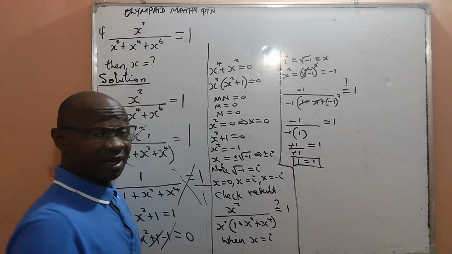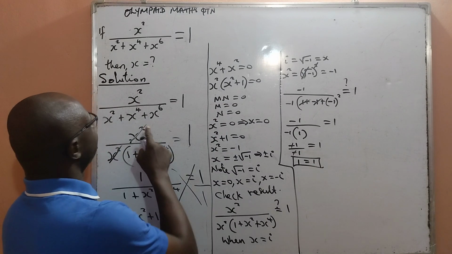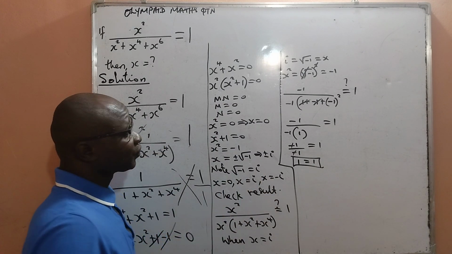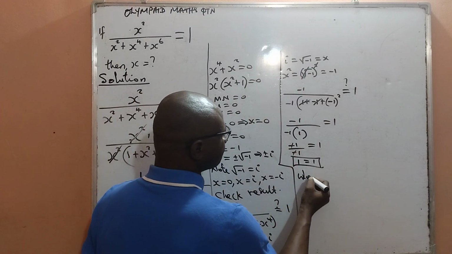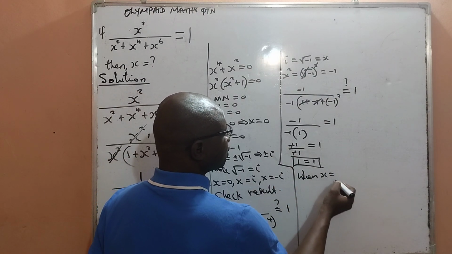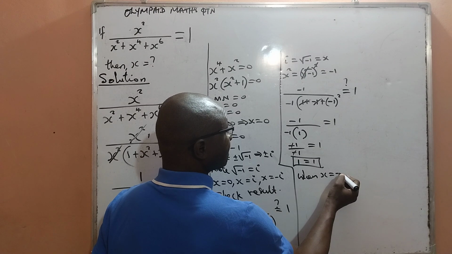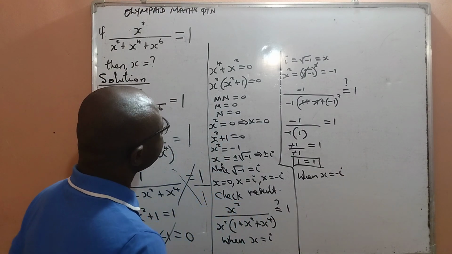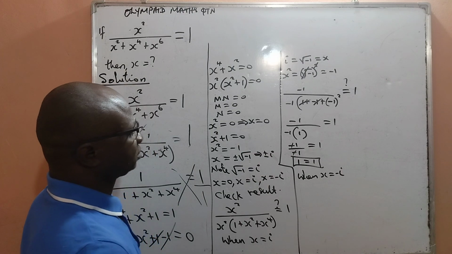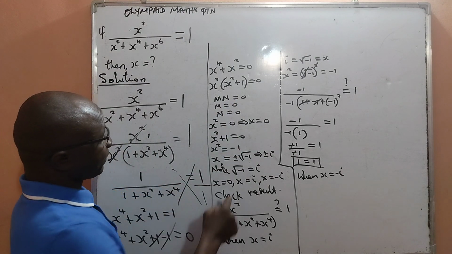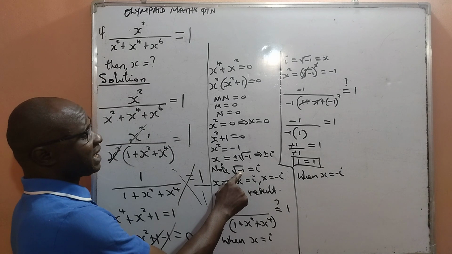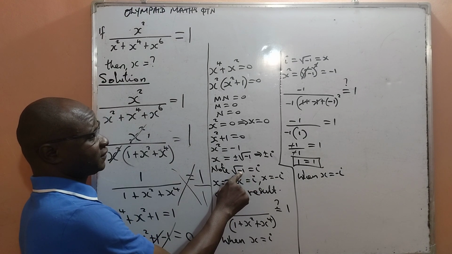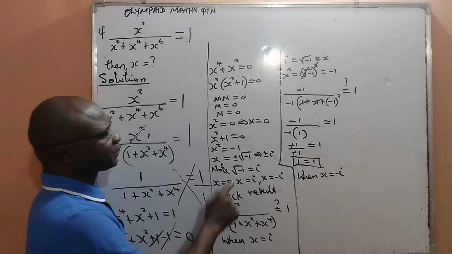Okay, let's try when the x value is equal to -I. When x is equal to -I. Okay, now we said that from here, I is equal to negative square root of -1.